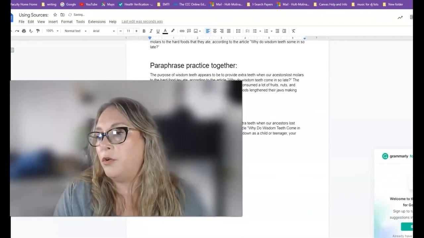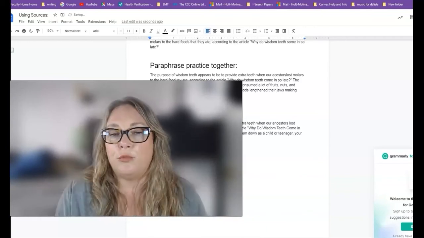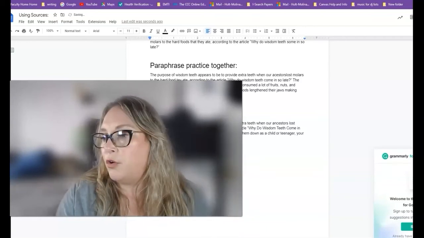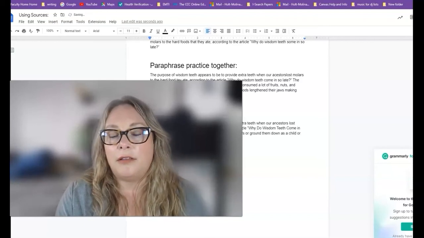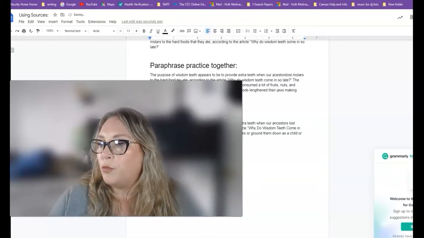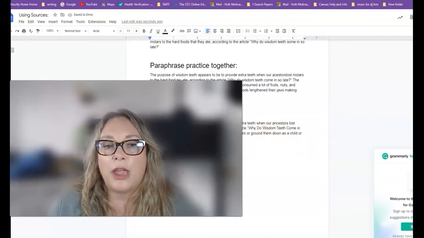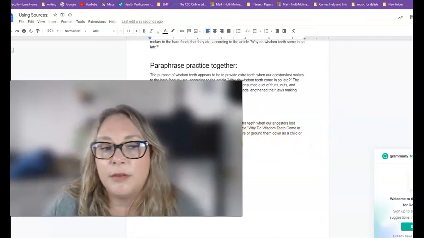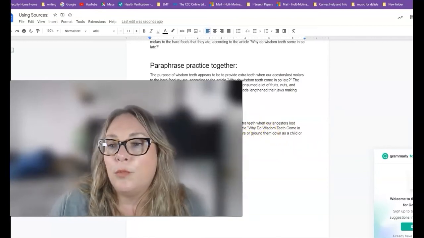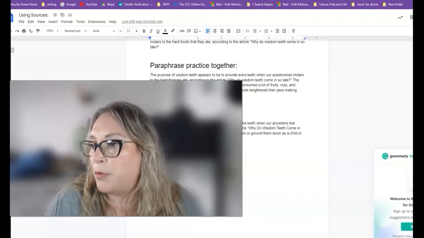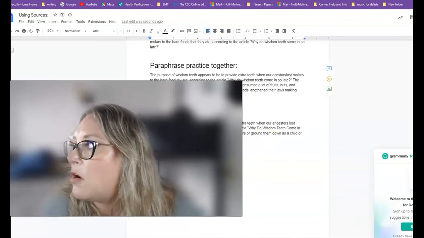Okay. The article, because I always want to contribute it back to the article, the article proposes that, quote, if you lost your molars or ground them down as a child or teenager, your wisdom teeth are there to fill in the gap.